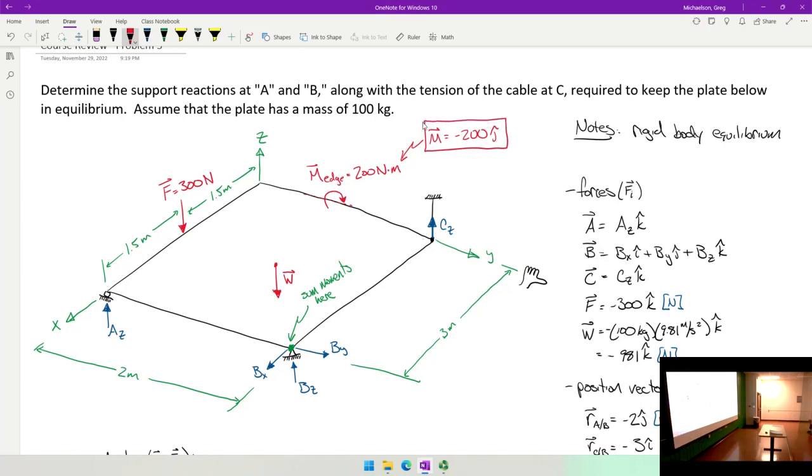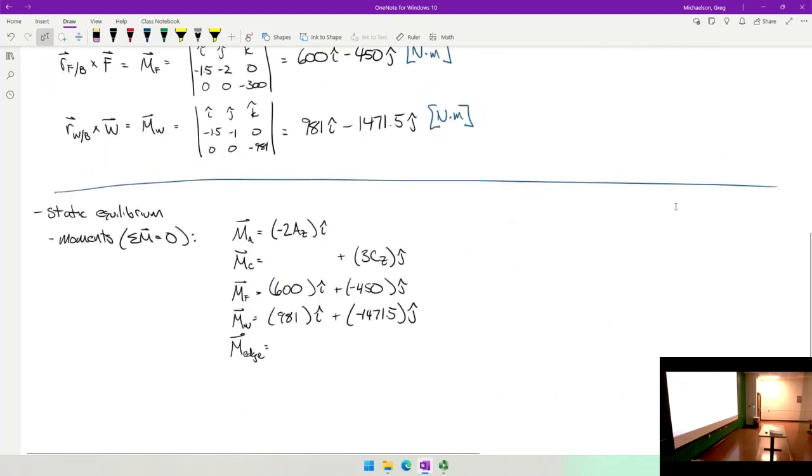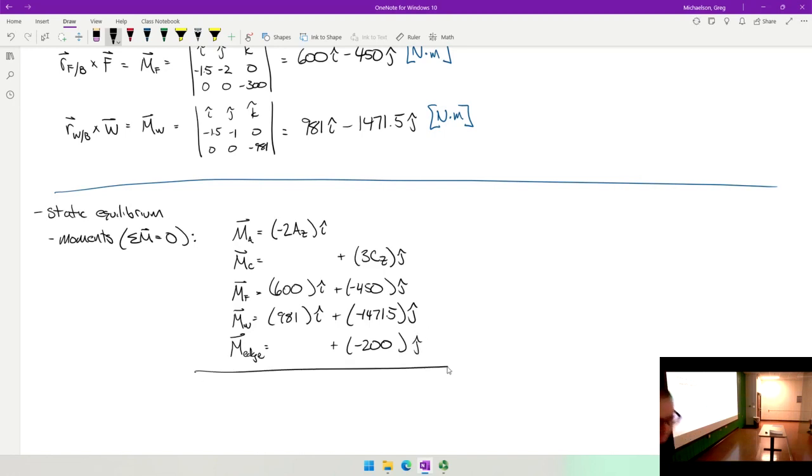And all we do is add that edge moment to the summation of moments down here. So it's just negative 200 j. It's that simple. Does that make sense? You don't do an r cross F for that because it's already a moment.